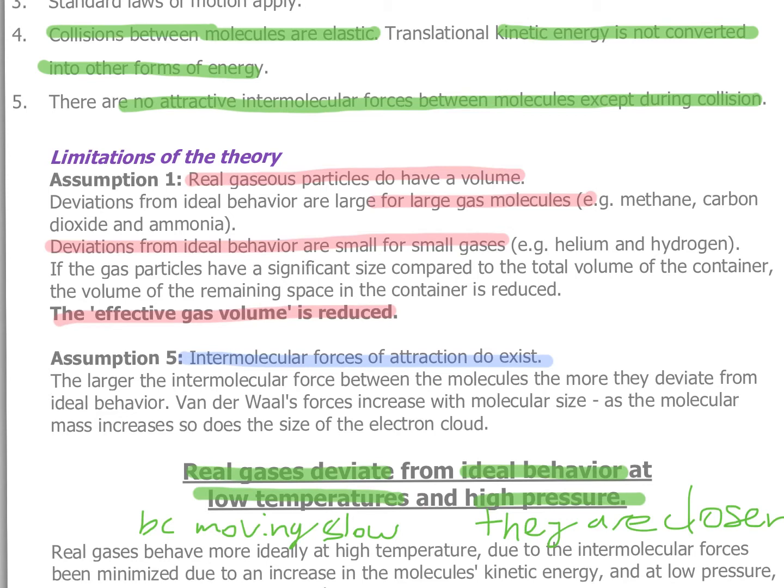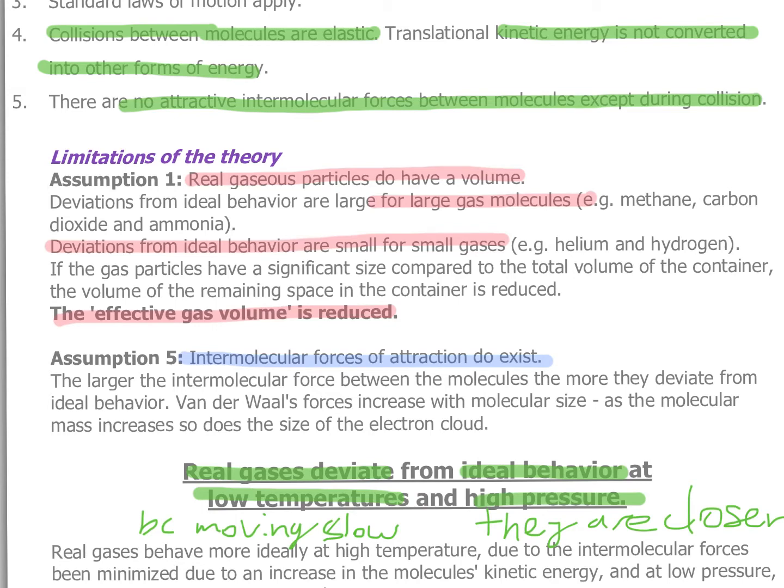So we're talking about this hot girl and this hot guy walking near one another. Do they notice each other and stop in their path or not? Okay? If they're at low temperatures, then they're moving slow. If you're moving slow, you're more likely to notice someone. If you are running, you're less likely to notice anyone.